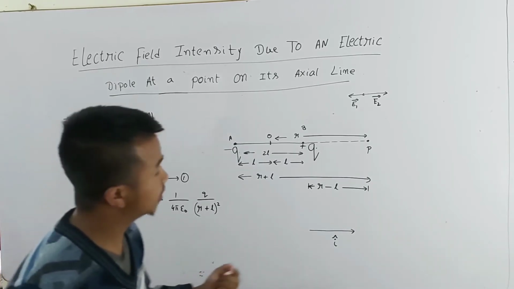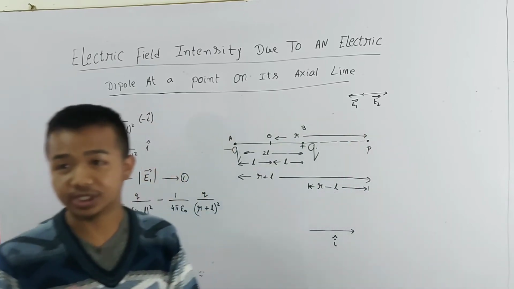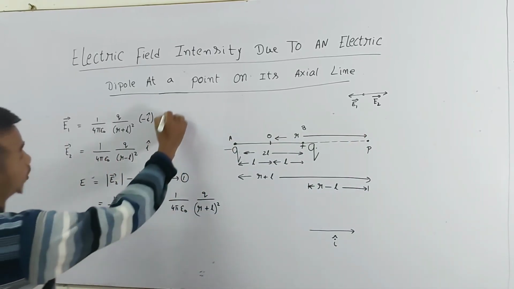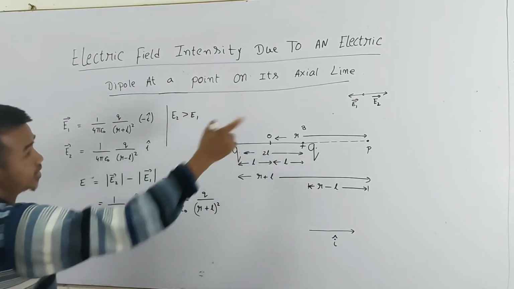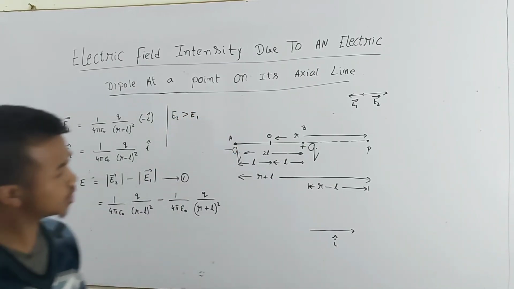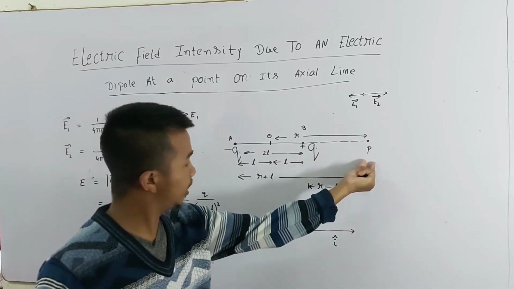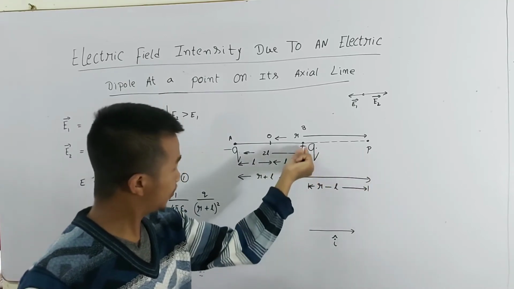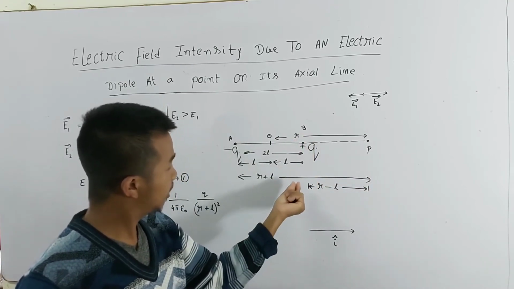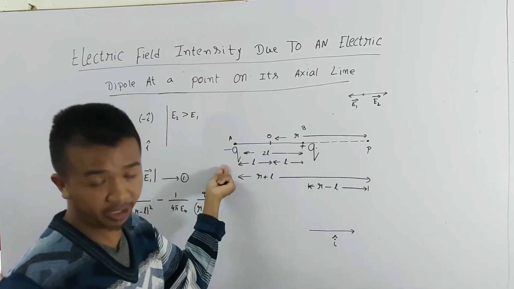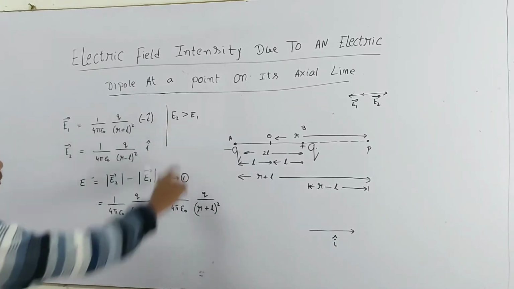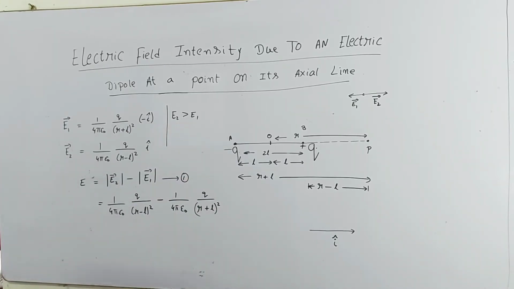The reason is the magnitude of E2 is greater than E1. It should be noted that the magnitude of E2 is greater than E1 in this case, because the distance of point P from point B is smaller than the distance of point P from A. So that's why E2 is greater than E1.